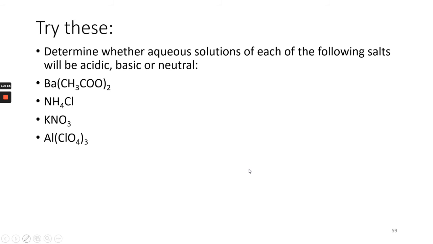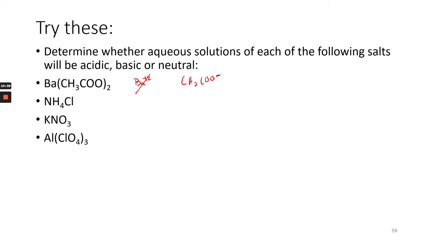So let's try these and see what we get. The first thing you want to look at is each ion separately. So this one here, we have Ba and CH3COO minus. Barium is a group 2 metal, so it will not have any effect.